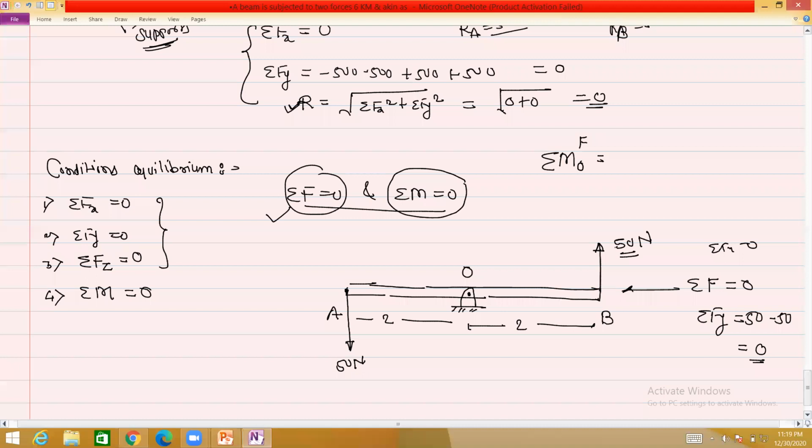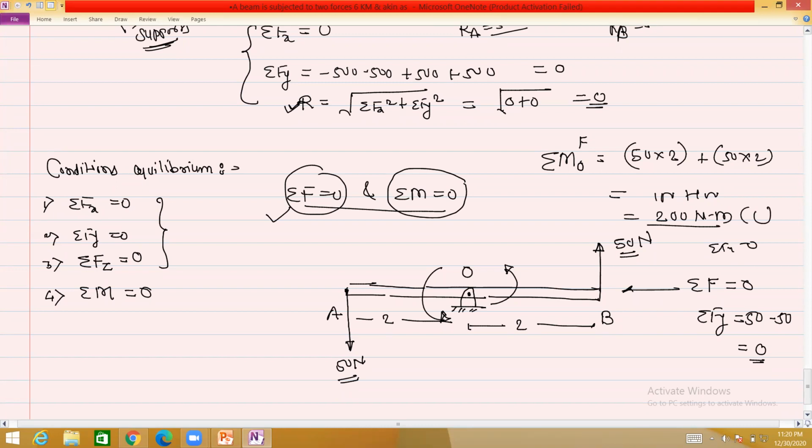So take the moment 50 into 2 about the point O, and this moment is in the anti-clockwise direction about the point O, so it is positive. The second moment is 50 into 2. Again, this moment about the point O is anti-clockwise, so it is positive. So this is 100 plus 100, that is equal to 200 Newton meter. And the answer is positive, that means it is anti-clockwise direction.